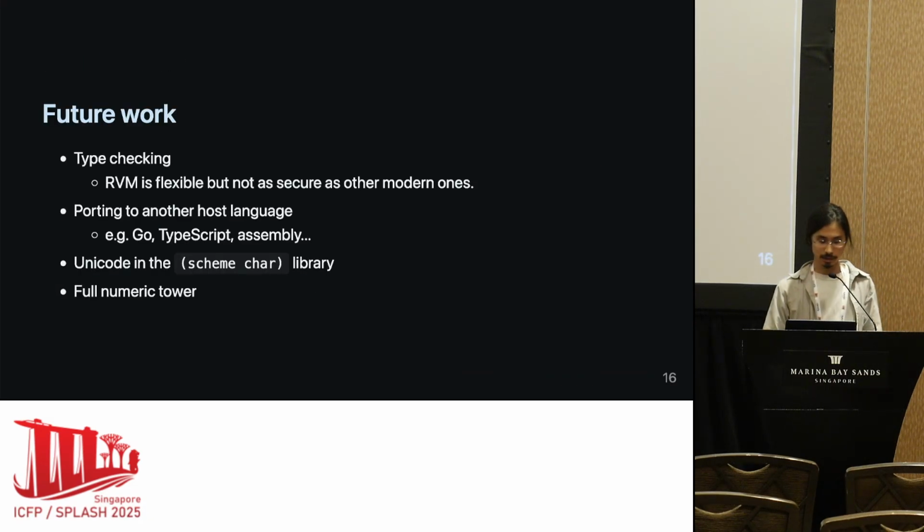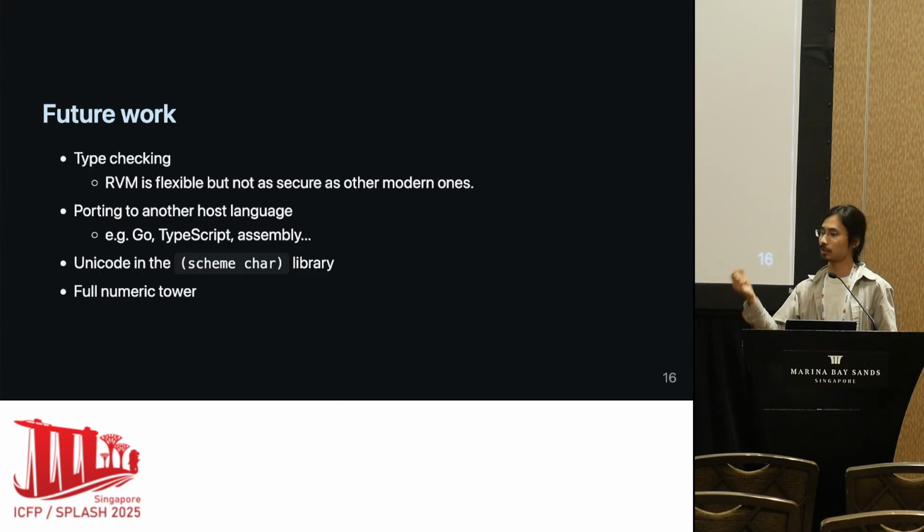And in terms of future work, I said that RVM aims to be compact, simple, fast, and also portable. But what it lacks is security. This is because of the nature of the architecture of Ribbit Scheme.